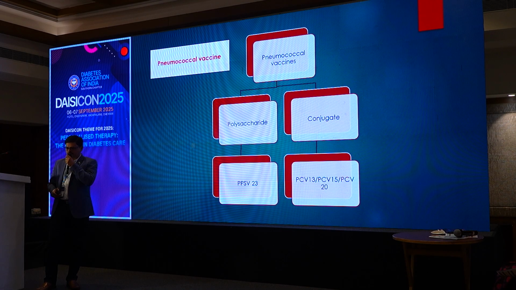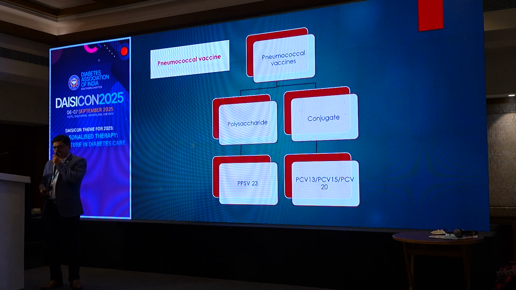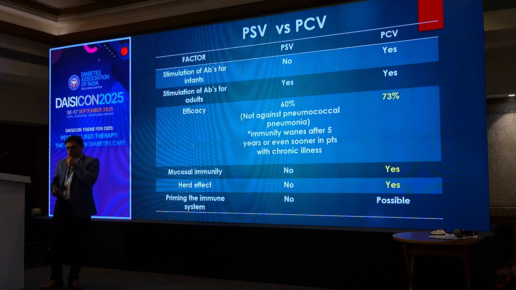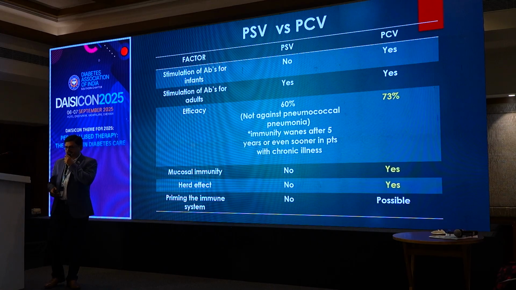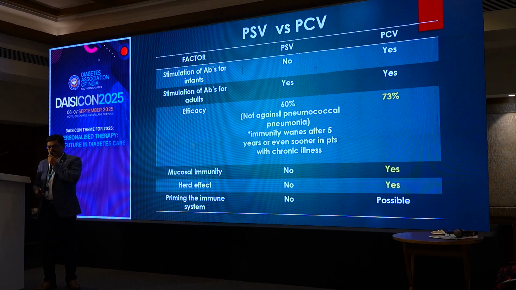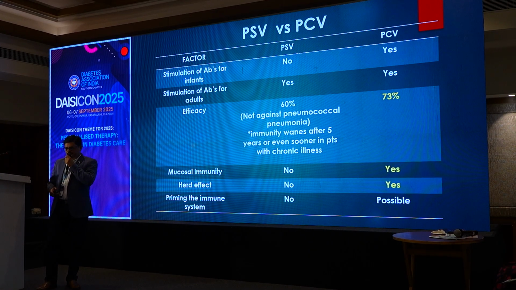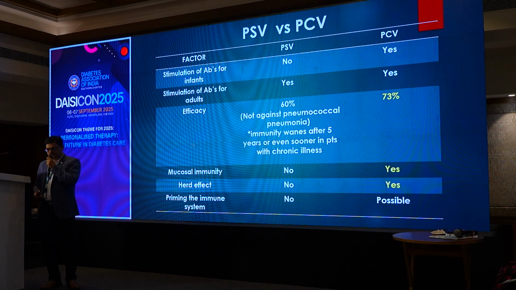The pneumococcal vaccines may be a polysaccharide component or a conjugate component. The conjugate components available are PCV 13, 15 and 20, and the polysaccharide is PPSV 23. When we compare the potency of these two, PCV is superior, 73% superior in efficacy against the disease, and its mucosal immunity and herd immunity are also superior to PPSV.